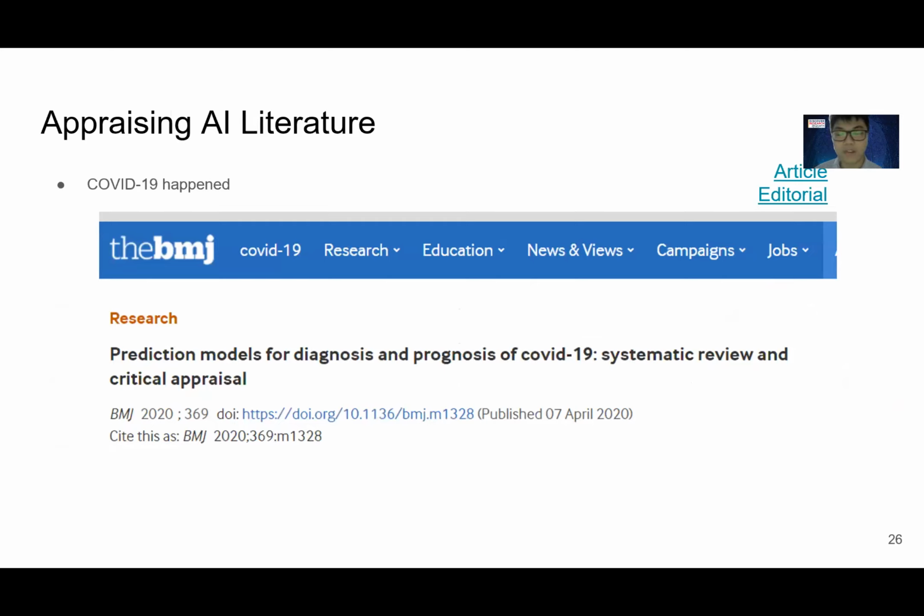So when COVID happened, in the first 2 to 3 months, I think there were about 100 articles on artificial intelligence models claiming they're able to do something about COVID, claiming they're able to predict COVID based off a chest X-ray, based off a pulse oximetry, or based off just how the person feels.